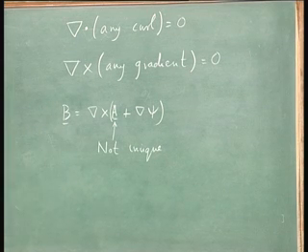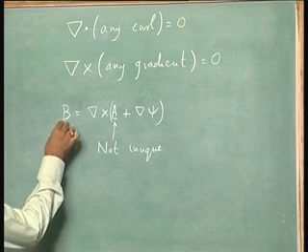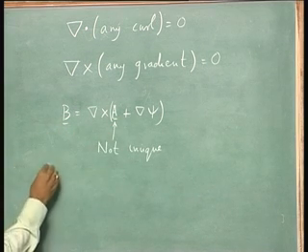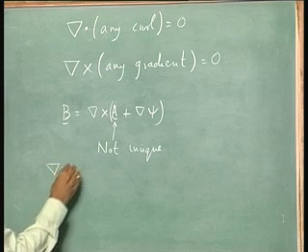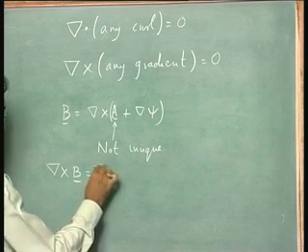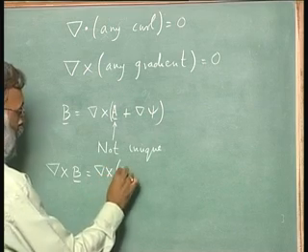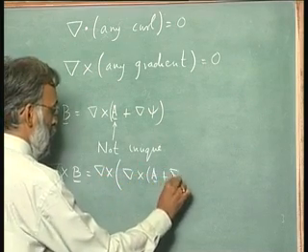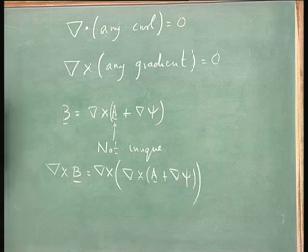Now, if I take the divergence of B, I get 0 because it is curl. I mean, it is already a curl. But if I take the curl of B, it is going to be equal to the curl of A plus grad psi.